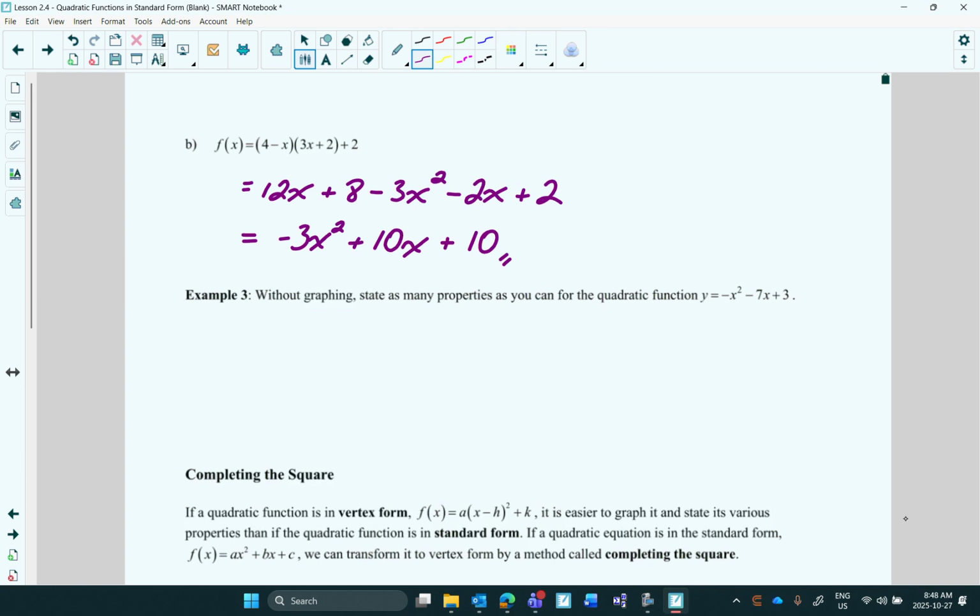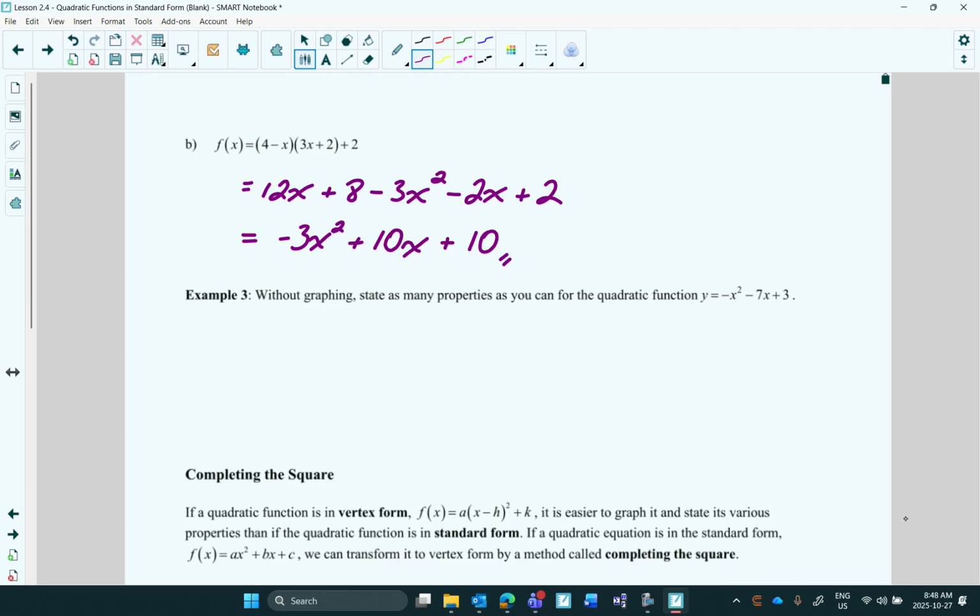Just this, what form is this in? Standard or vertex? Standard. Tell me as many properties of this as you can. Can you tell me the vertex? No. Why not? Because it's not in vertex form.